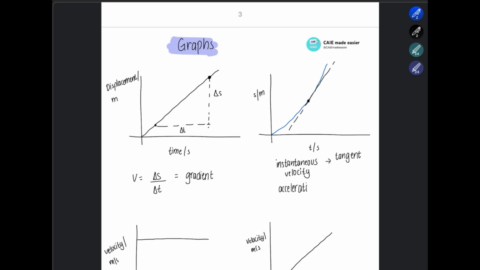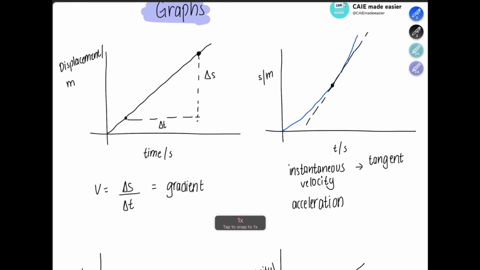Now I want you to be able to identify whether this graph is accelerating or decelerating, okay? How do you do that? Now if you look at, for example, something like this, can you identify at which point the graph is accelerating and at which point it's decelerating? So acceleration is occurring when the graph is becoming steeper.